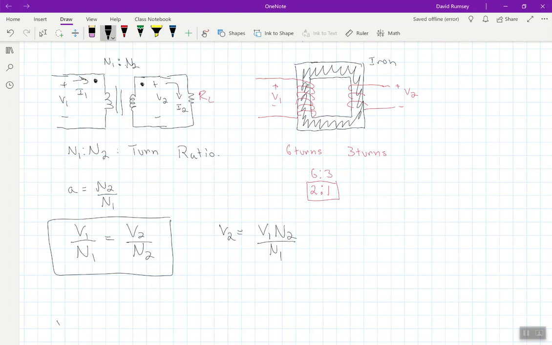The reason I point this out is, if we look at this particular example, this is a step down. By writing it 2 to 1, it steps voltage down by a factor of 2.